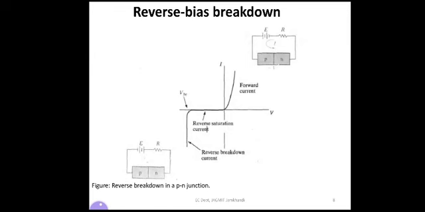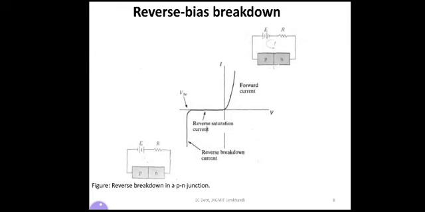But when a critical reverse bias is reached, after some point, at a particular voltage called the critical reverse bias voltage VBR, shown in the figure, a reverse breakdown occurs.